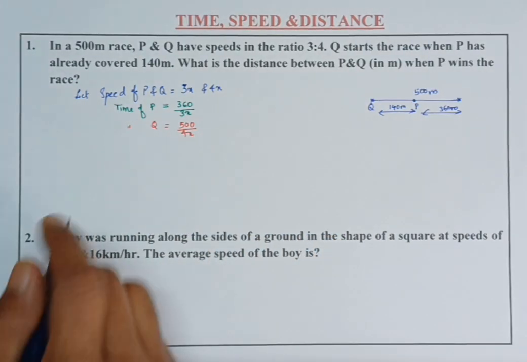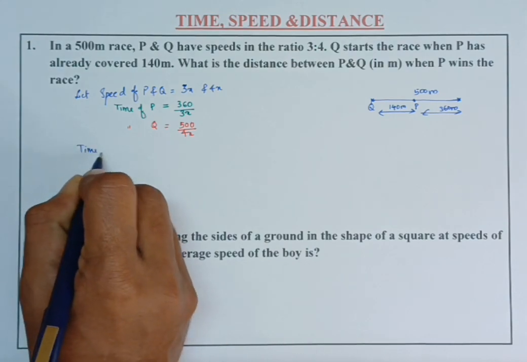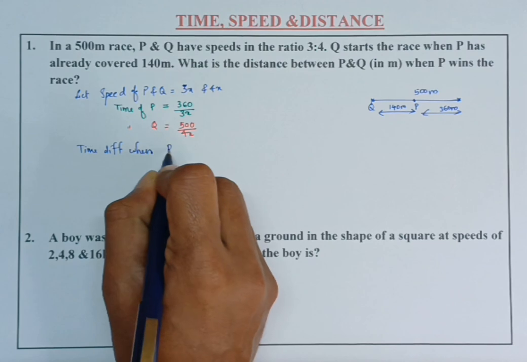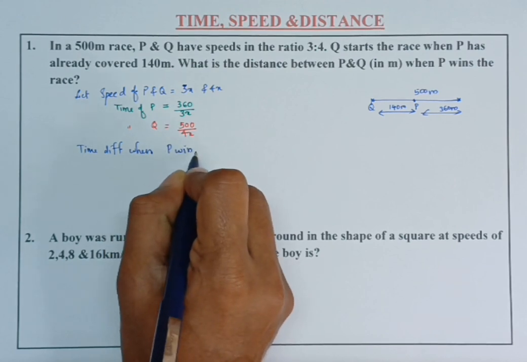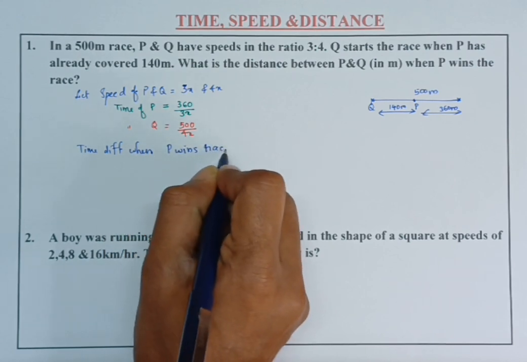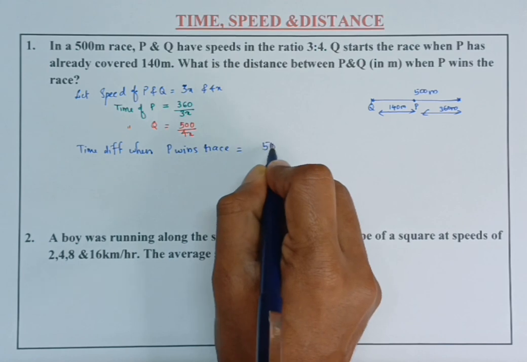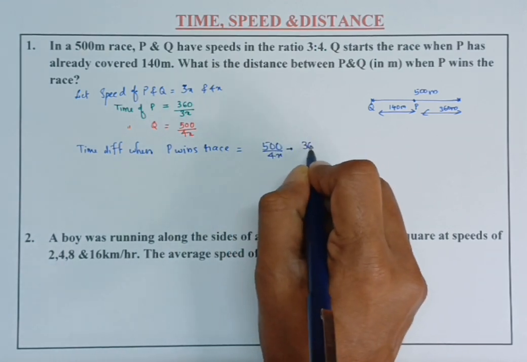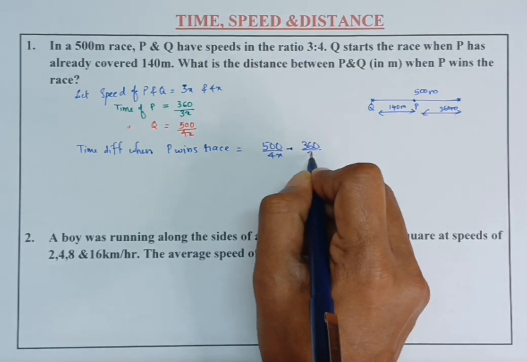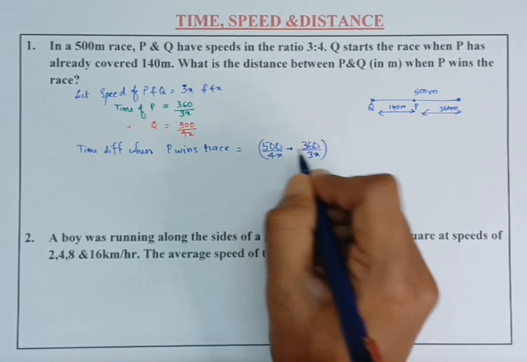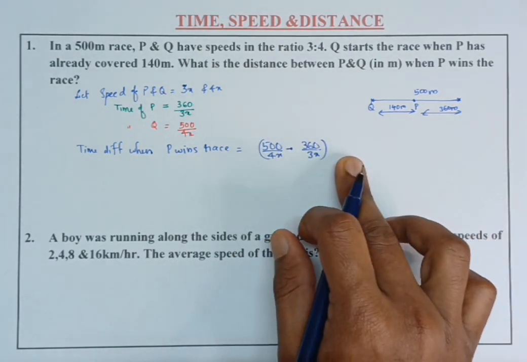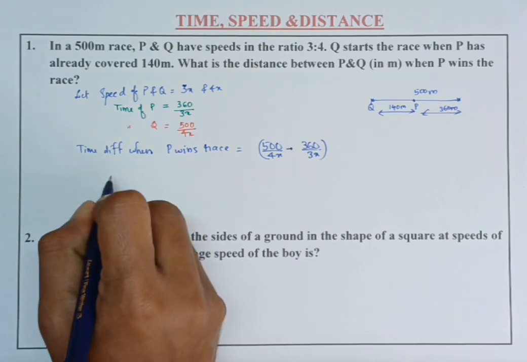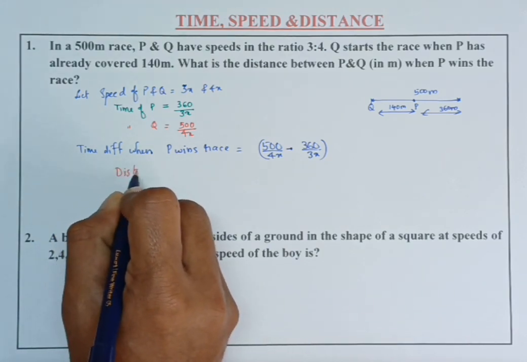Now the time difference when P wins the race is, Q will take more time, and by that time P would have finished. That is, Q is behind P. And now we will calculate the distance.